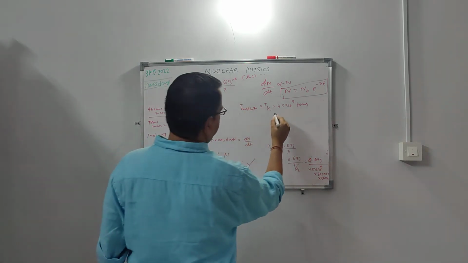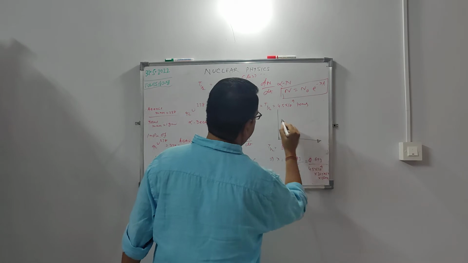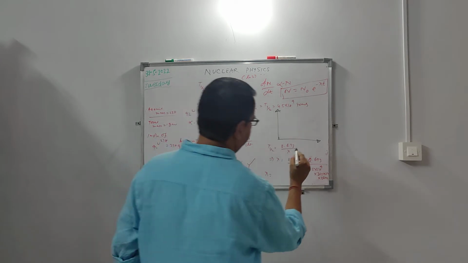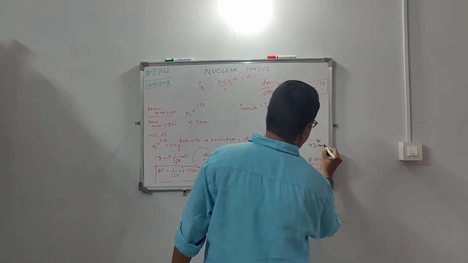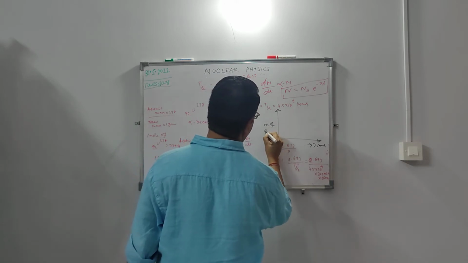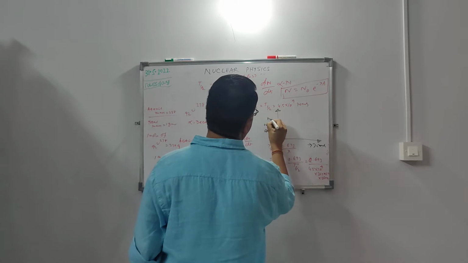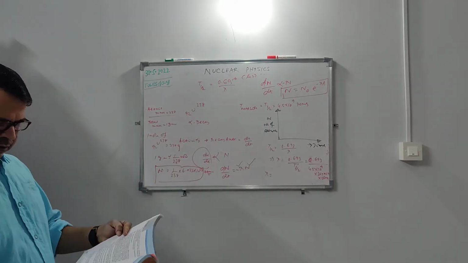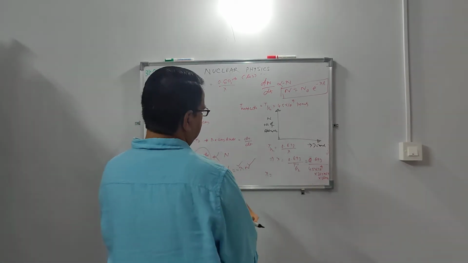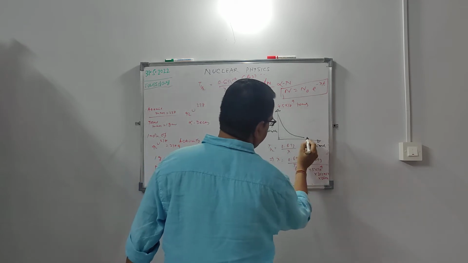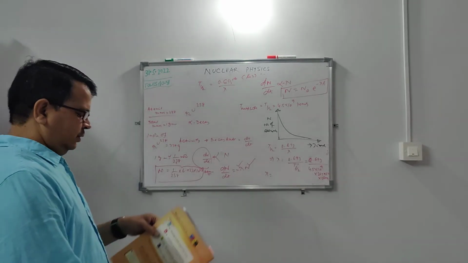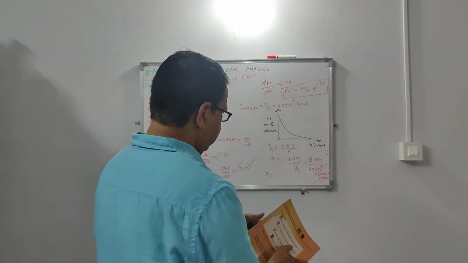If you draw a curve, in the x-axis I have time, and in the y-axis I have the instantaneous number of atoms n. So the curve will be asymptotic. It will never become zero.